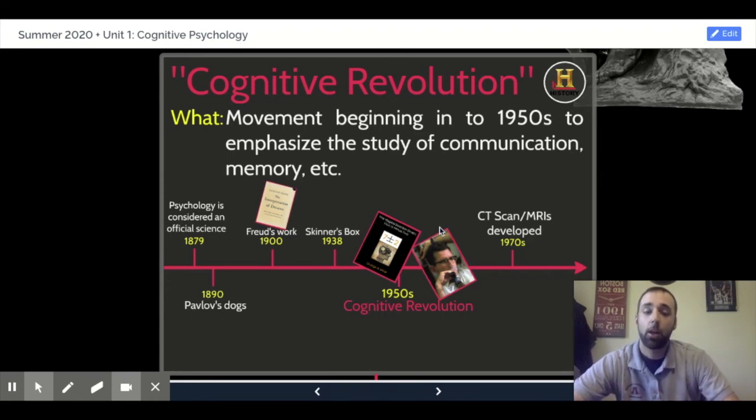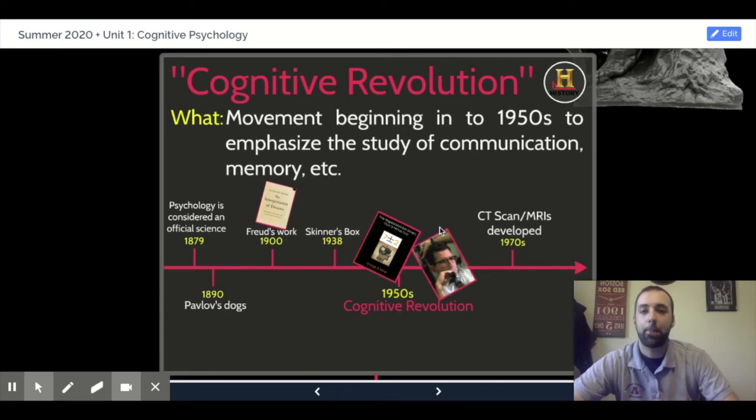And as a result, all of a sudden, behaviors which were not really observable could be studied in a much more precise manner. As a result, we dubbed this time period the cognitive revolution, when all of a sudden psychologists began to really emphasize the concepts that we are going to cover in Unit 1.